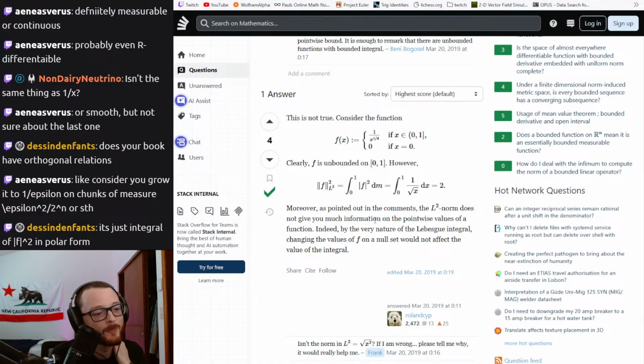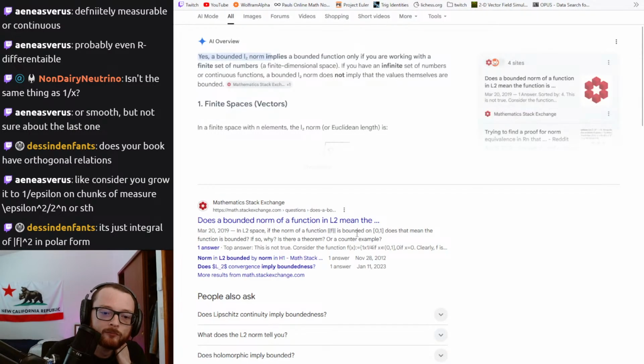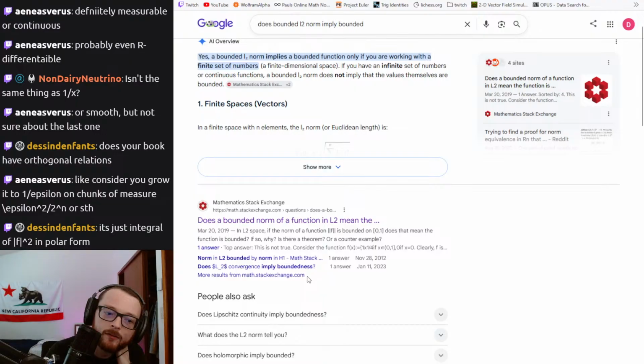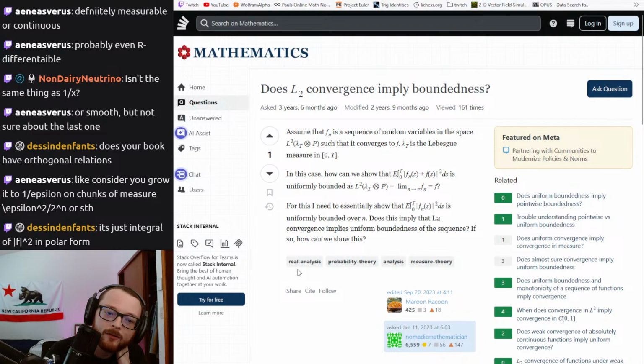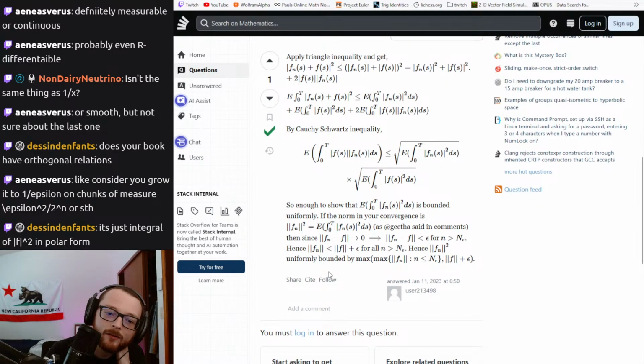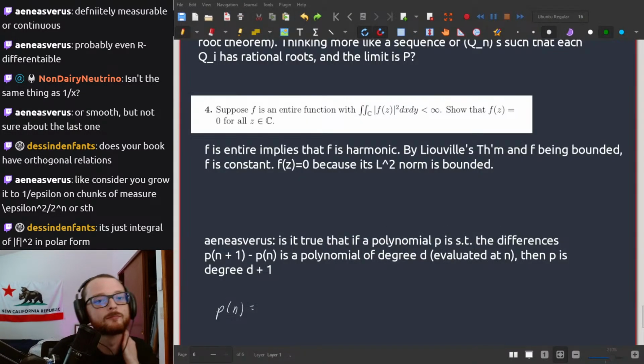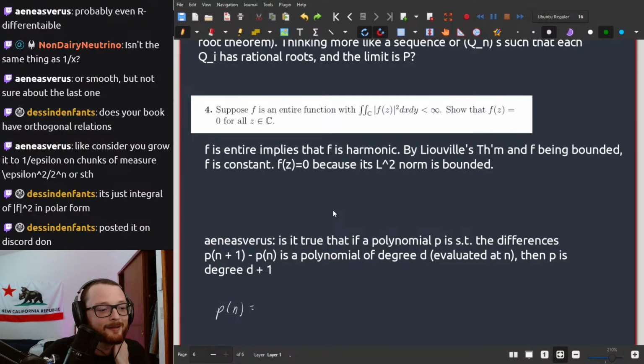Just an integral of f squared in polar form. Consider you grow it to 1 over epsilon on chunks of measure epsilon squared over 2 to the n. I don't know what that means. Post it on Discord?